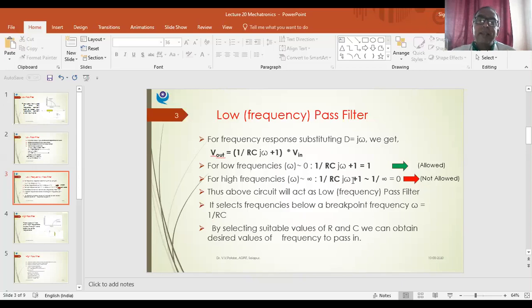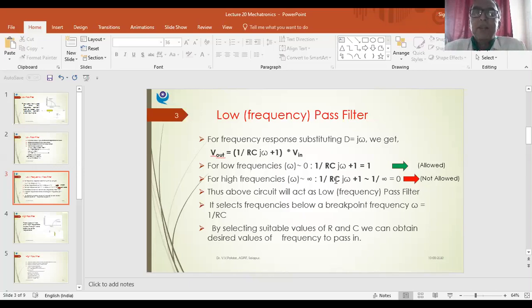It takes frequencies only up to what limit? 1 upon RC. Now R and C, remember friends, as a designer I am selecting a resistor and a capacitor. I can decide how much the allowable frequency should be.